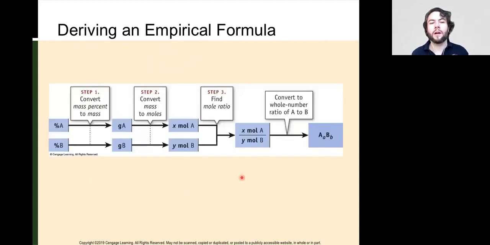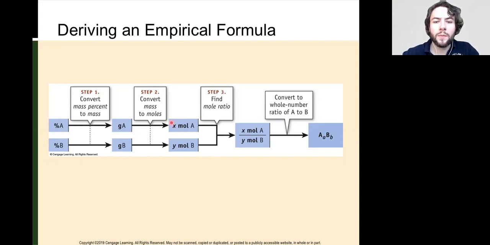So deriving an empirical formula. The steps involved here are to first convert the mass percent to mass. So for example, say I had 70% of hydrogen in my sample. I would take it as being 70 grams in a 100 gram sample. So convert, first of all, the percentage to a mass, then convert this mass to a number of moles.